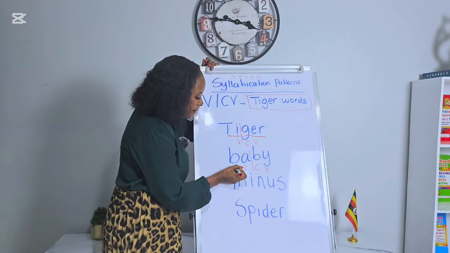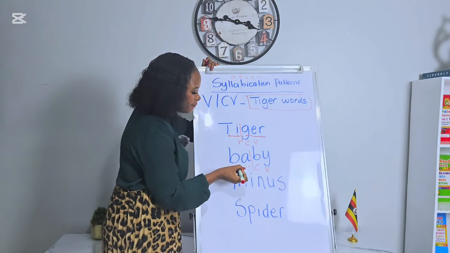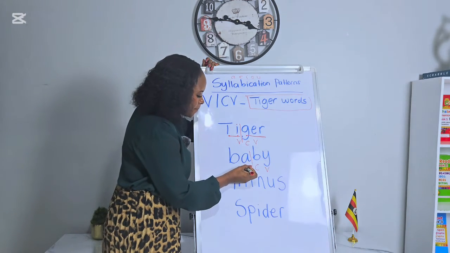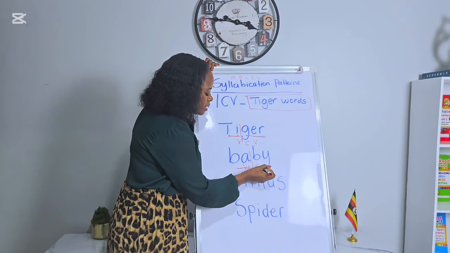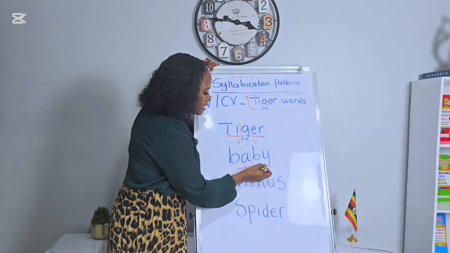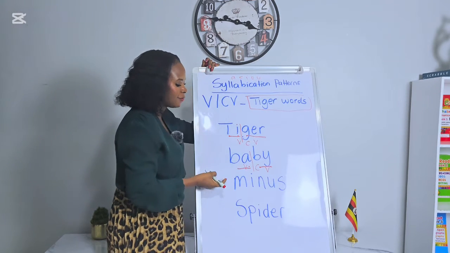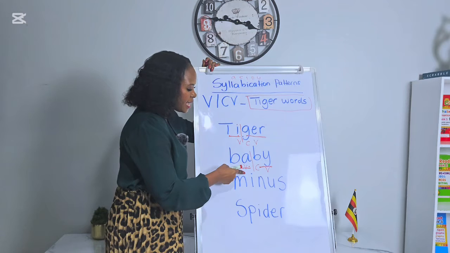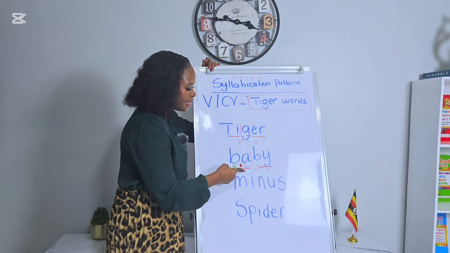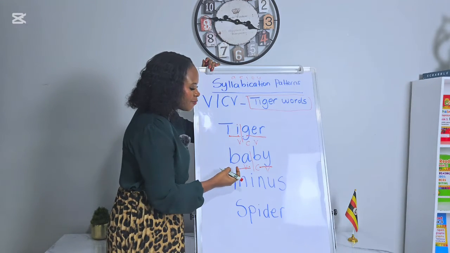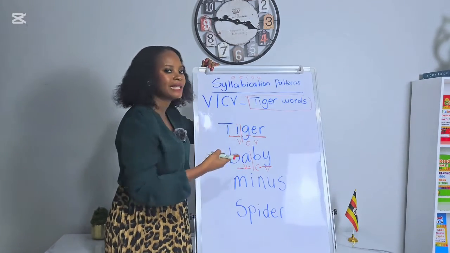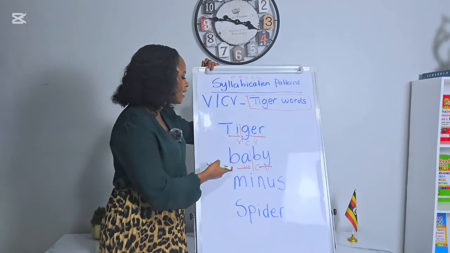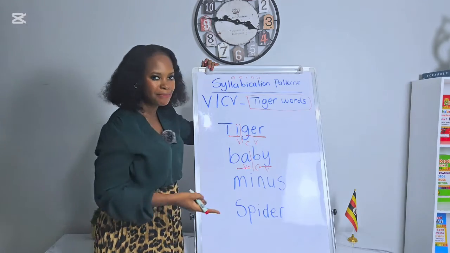Okay, let's read. B, A, blend, ba. Let's read the other one. B, E, blend, be. Okay, we have two parts. Ba, be, ba-be. Faster way, baby. The word is baby. That's why we read this word like this. We don't say bab-ee.